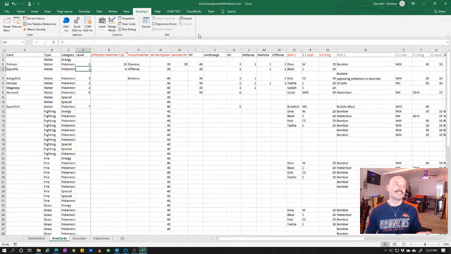I mean, if we go to a 9 it stays at 20. An 8 would drop. So basically all the hardest Pokemon, everything at level 3 or lower, is going to be a 10 HP to start.